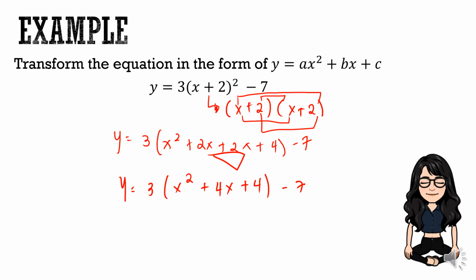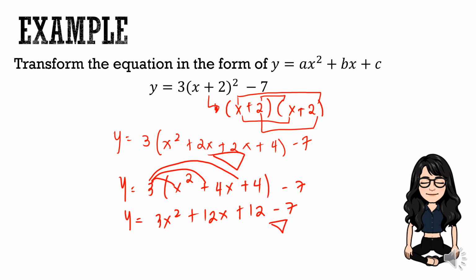The next step is to multiply 3 one by one on the numbers and terms inside the parentheses. So we have y equals 3 times x squared, we have 3x squared. 3 times positive 4x, that is positive 12x. And 3 times positive 4 is positive 12. Then copy negative 7.